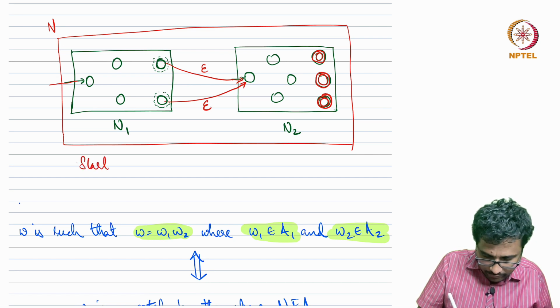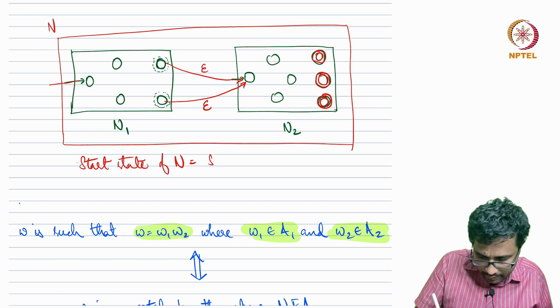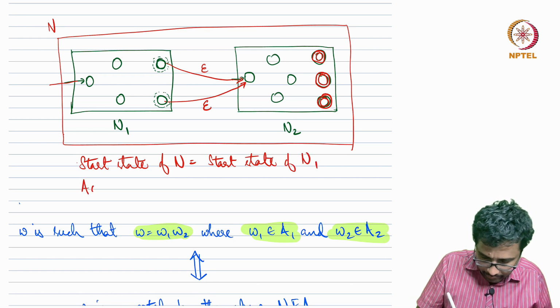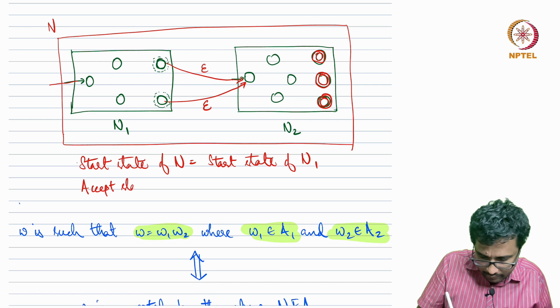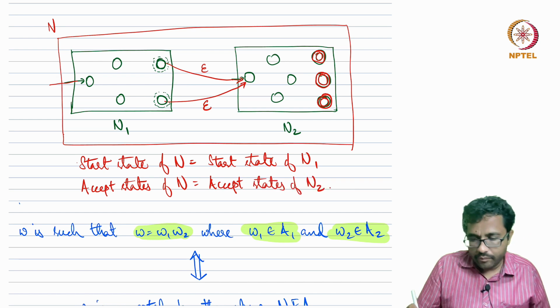The start state of N is the start state of N1, and the accept states of N will be the accept states of N2.